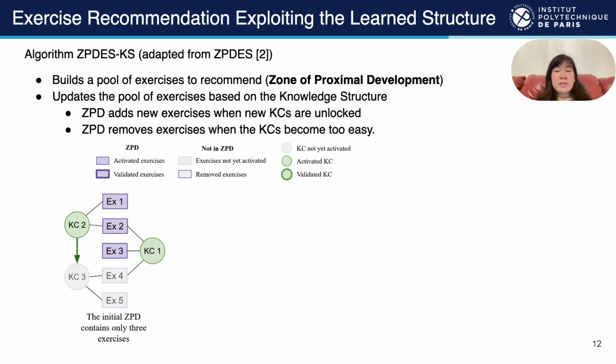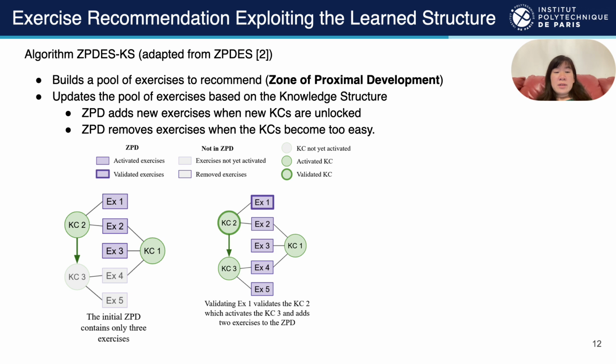But little by little, as the learner trains, he will get better at exercise 1. So the exercise 1 is validated, which means that the student has a level above a certain threshold. And this means that we can consider that KC2 is validated. And if KC2 is validated, then we can move to the next level of knowledge components.